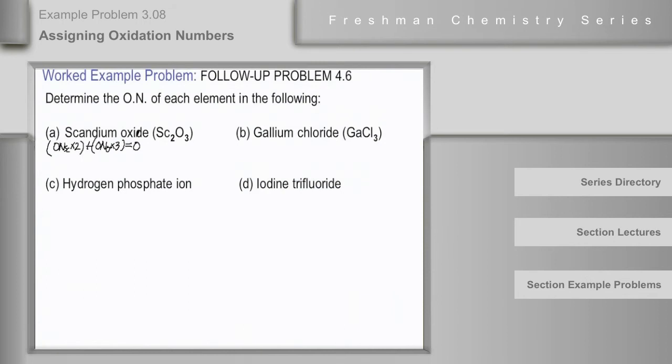Oxygen is one of the oxidation numbers that's covered in the rules, and in ionic compounds, with the exception of peroxides, the oxidation number of oxygen is -2.